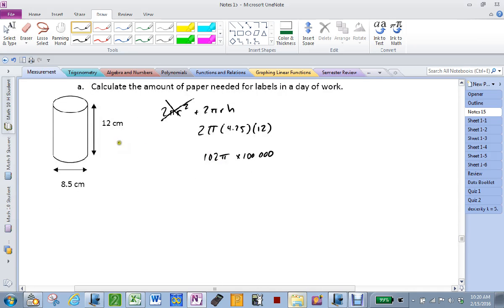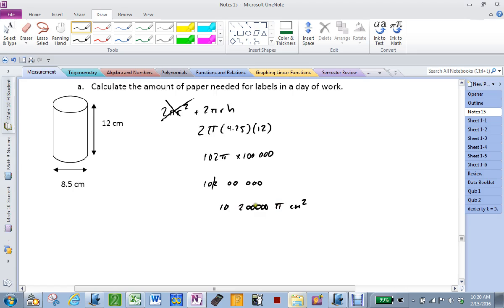Here, we were finding centimeters squared, right? So when I do that math, add 5 zeros, 102 and 5 zeros. 1, 2, 3. So 10,200,000 pi centimeters squared, right? Yeah.